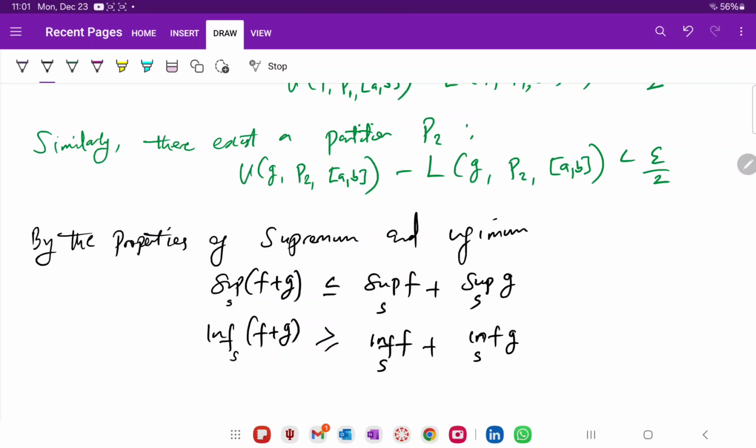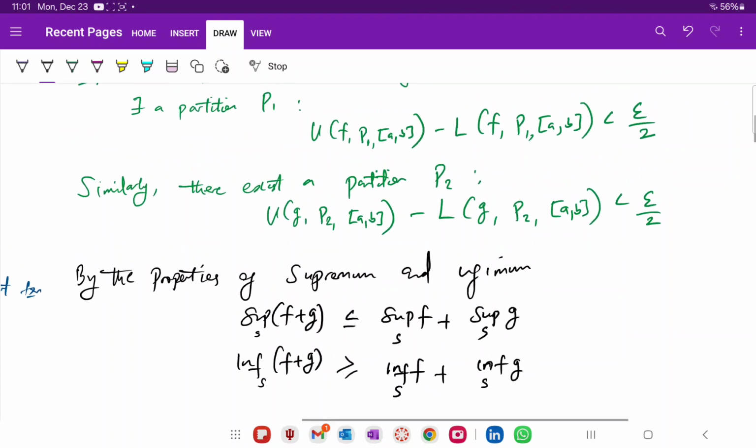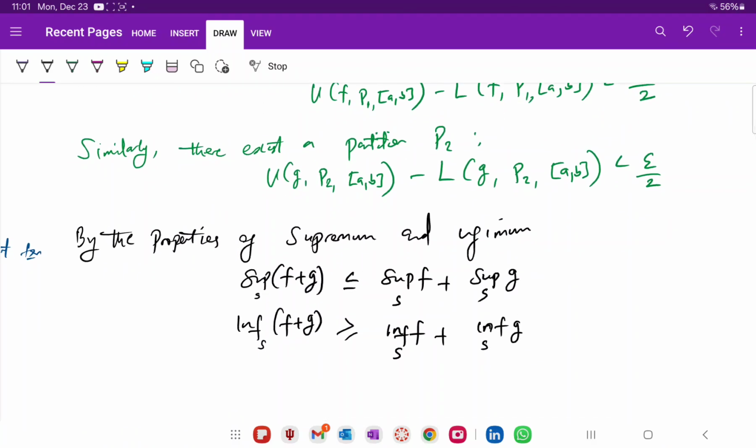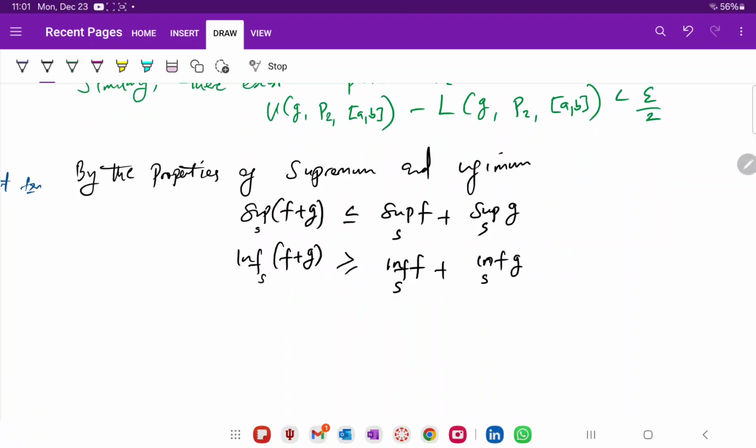So with these properties, we get the definitions of the upper Riemann sum and the lower Riemann sum.